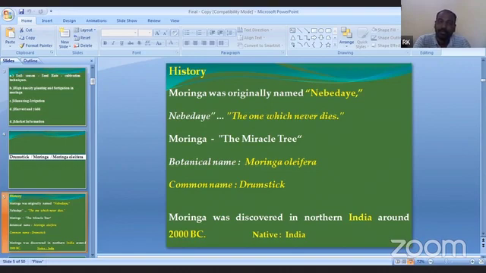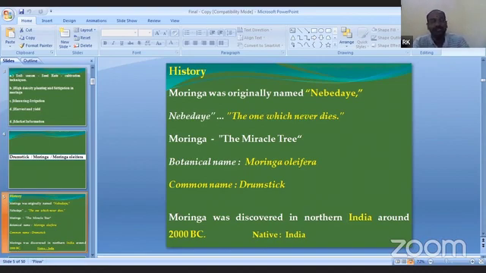So history: Moringa was originally named, maybe it is not possible to pronounce, but what is the meaning? Nibi day. The meaning is the one which never dies. This is the original name, the one which never dies. So this is the meaning of Moringa.